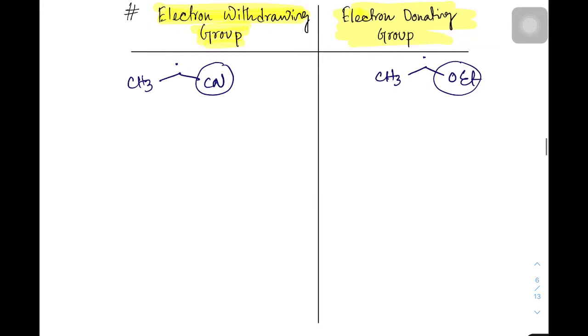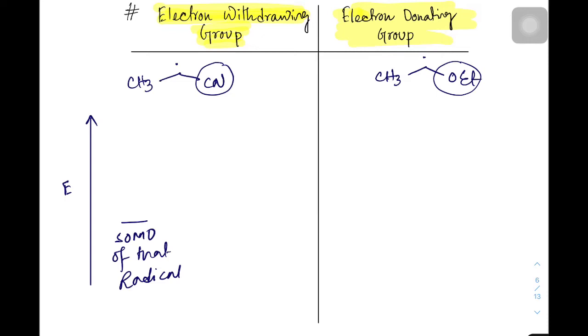So how does this radical get stabilized? If we draw the molecular orbital diagram, there is a SOMO, a singly occupied molecular orbital, of that radical.